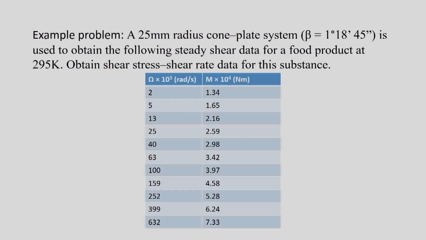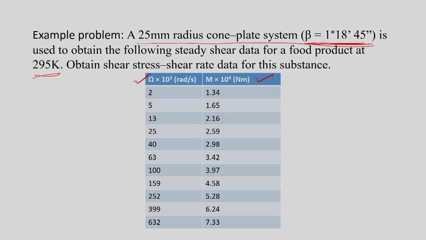Example problem: a 25 mm radius cone and plate system with beta given this value is used to obtain the following steady shear data for a food product at 295 Kelvin. The angular rotational velocity is given for the rotating cone, and the corresponding torque is given.